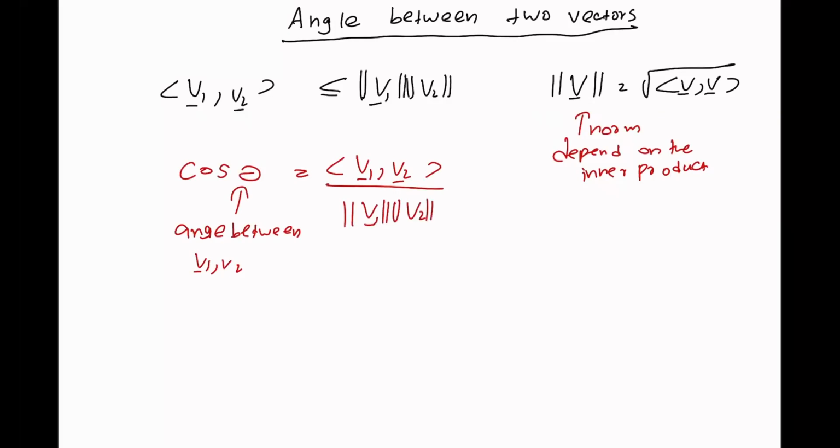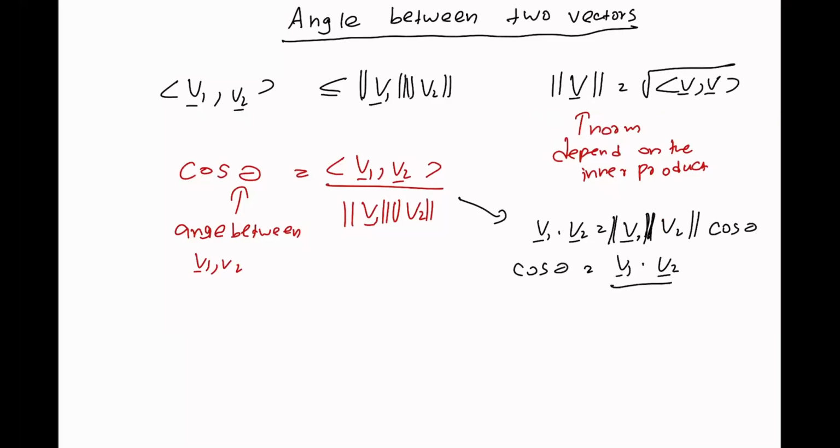If you consider the Euclidean dot product, as we have learned from our A levels, we usually write this as v1's norm times v2's norm times cos theta. So our cos theta is nothing but v1 dot v2 divided by v1's norm times v2's norm. Fine. Did you get the point of the angle between two vectors?